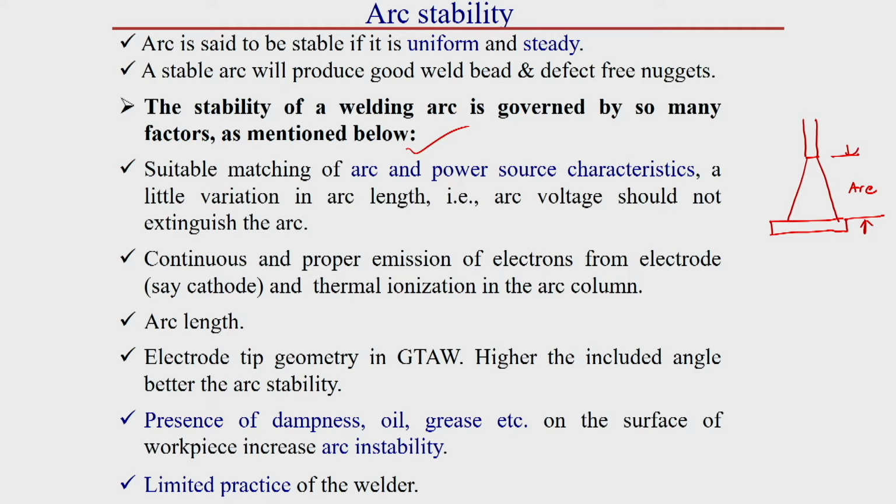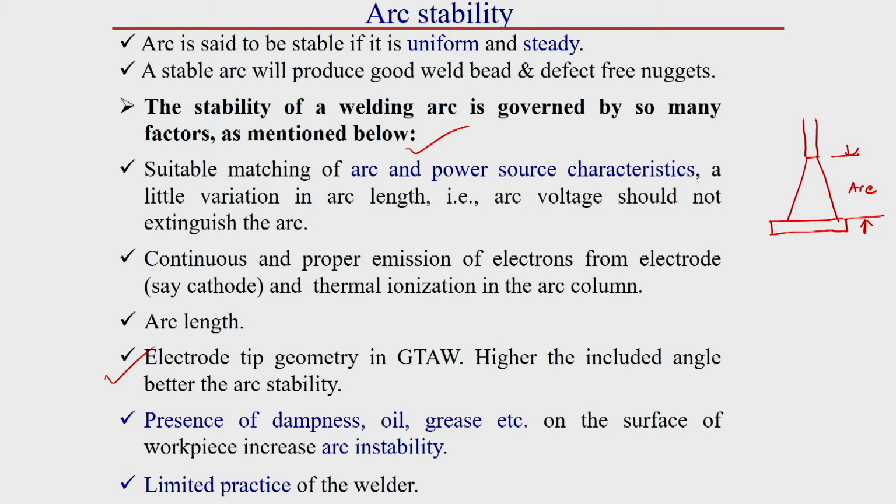It also depends on electrode tip geometry, especially once we go for using a non-consumable electrode like the GTAW process. Generally it depends on electrode tip geometry also. It has been observed that the higher the included angle, the better the arc stability.